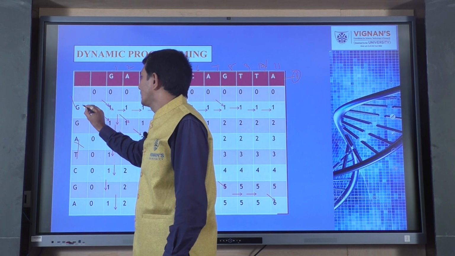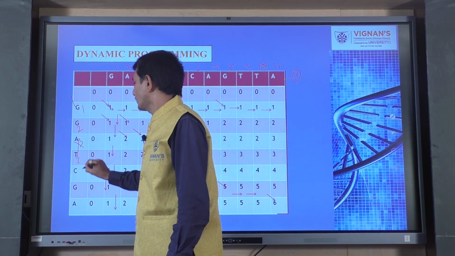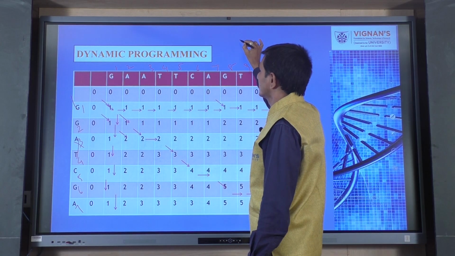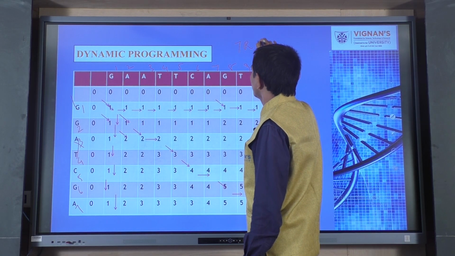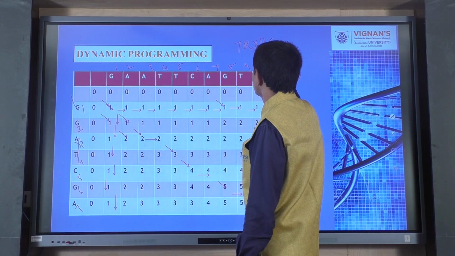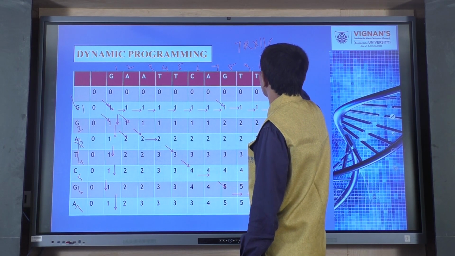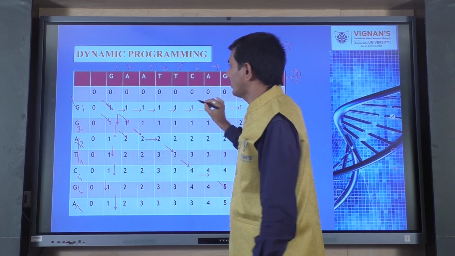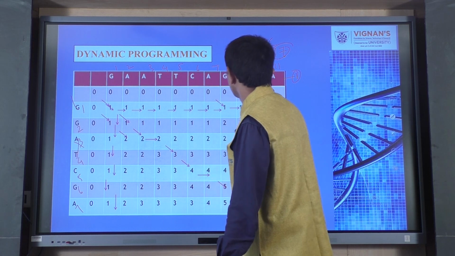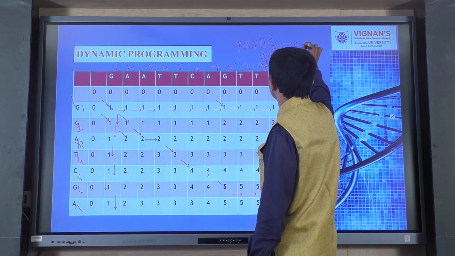Coming to this, 1, 2, 3, 4, 5, 6, 7. So, this is a matrix of size 7 rows into 11 columns. So, the total number of cells will be 77. So, here we are going to calculate the value for 77 cells in the matrix table by using the Smith-Waterman algorithm.